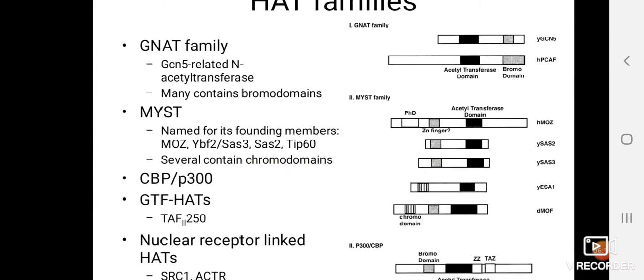And there is the MYST family, named after its founding members. There are MOZ, YBF2, SAS3, SAS2, TIP60 and so on. These are a few histone acetyltransferases of the MYST family, and they contain chromodomains.